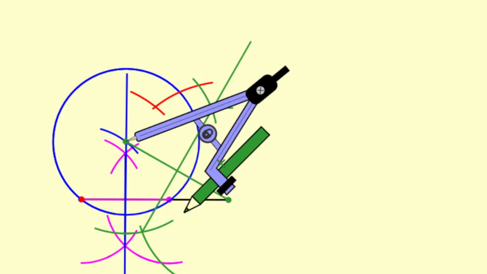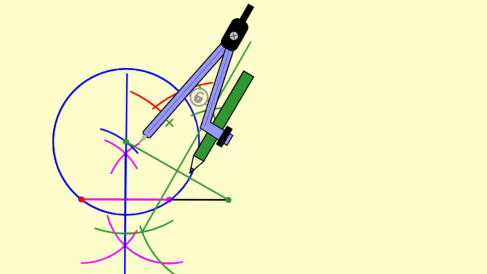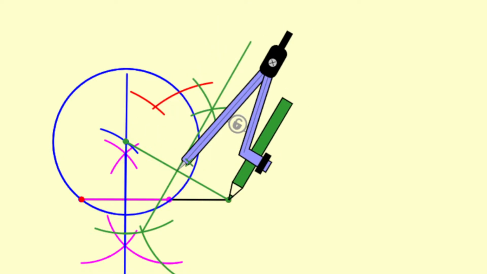Now with this radius, the sharp edge of the compass you have to keep at the perpendicular bisector and the other edge of the compass you can keep at either O or B. Then with this radius you can draw the circle.